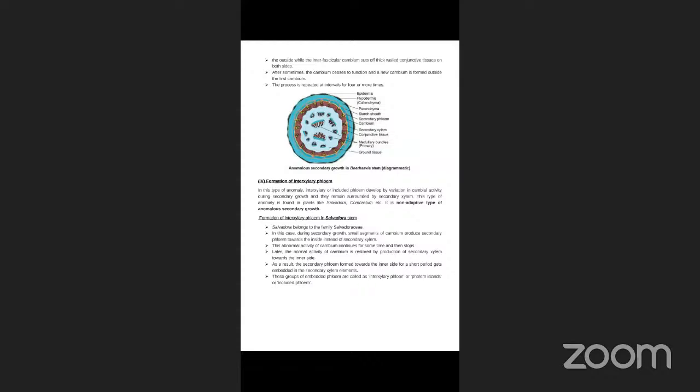Generally, secondary growth is of two types: intrastellar and extrastellar. The main role in secondary growth is played by fascicular cambium, which we already discussed. Next, anatomy of stem.